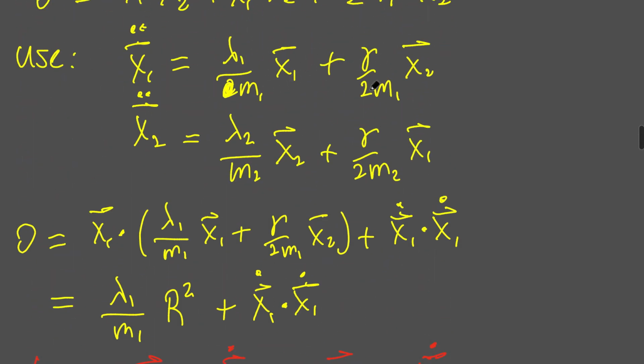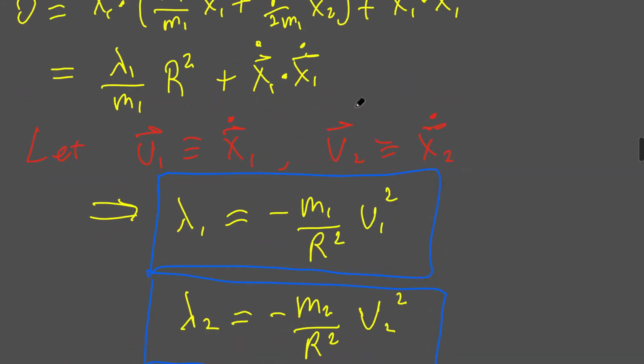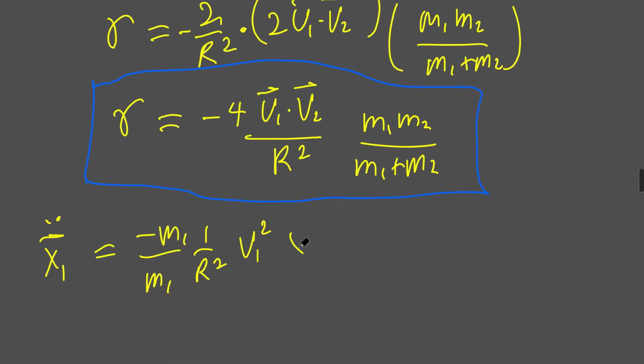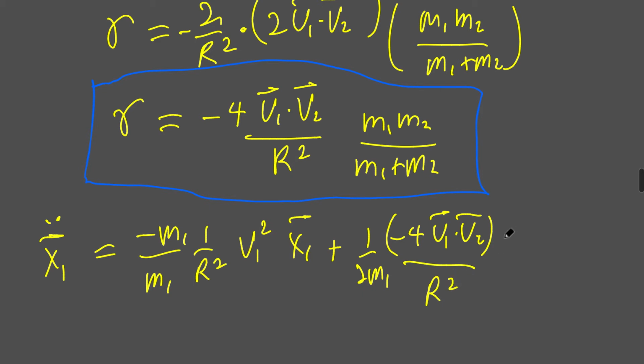Then we have plus gamma over 2m1 times x2 vector. So plus gamma over 2m1 times gamma, that's minus 4 v1 v2 divided by r squared times m1 m2 over m1 plus m2, all of that times x2 vector.